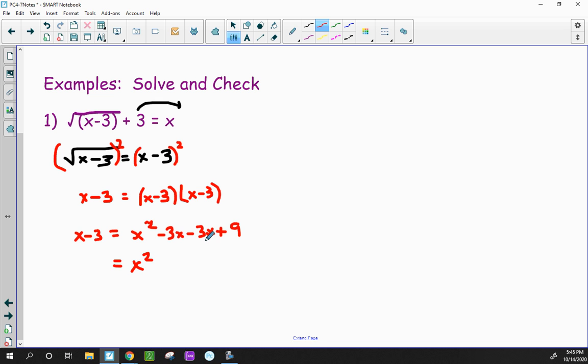Combine like terms, negative 3 minus 3 does not cancel. It's actually negative 6x. I'm going to bring this x across and make it a negative x. Drop my positive 9 down. And then transpose my negative 3 across and make it positive 3.